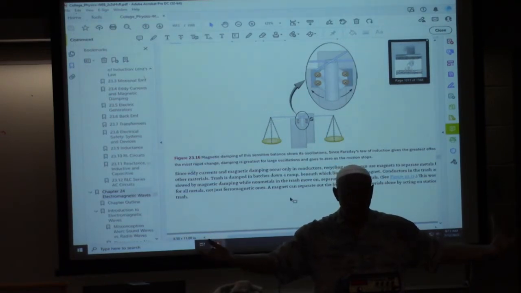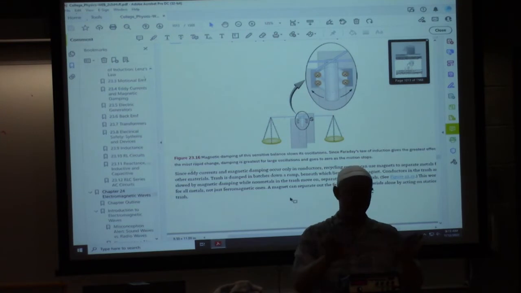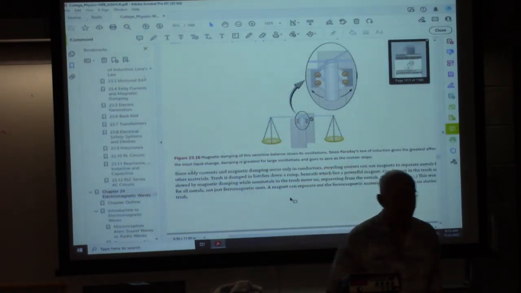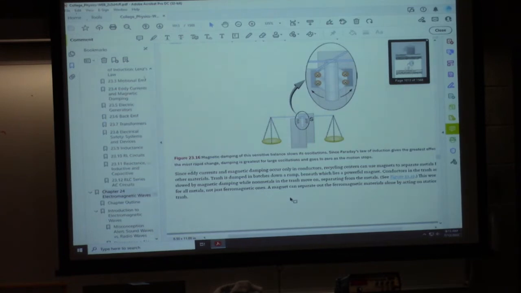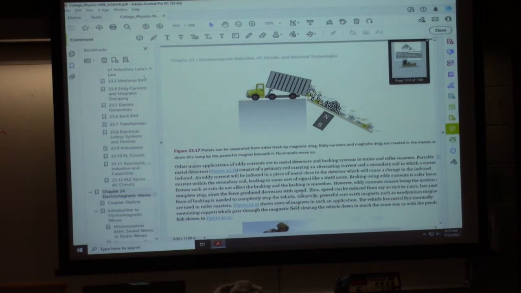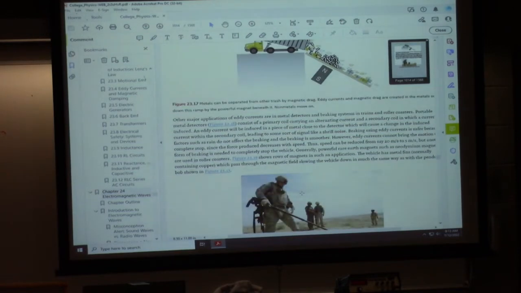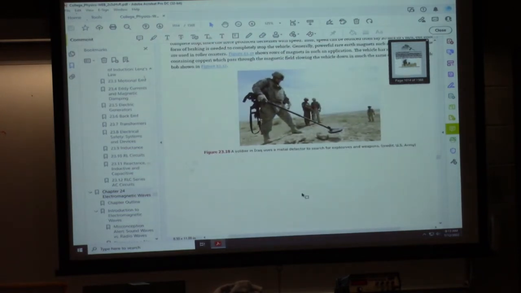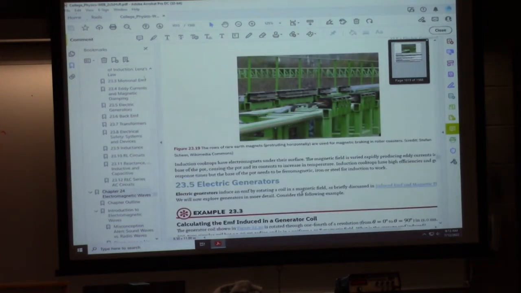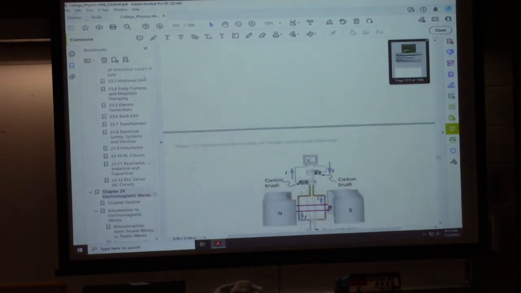But if there's balance, then there's no movement, the magnet has no effect. So the balance still works just as well, but has a little magnetic braking in it. And so the balance scales are real nice with that. Separating recyclable materials also is really nice with that. Looking for other metal pieces like mines are really nice for that. Anyways, I'll let you read more of those details.